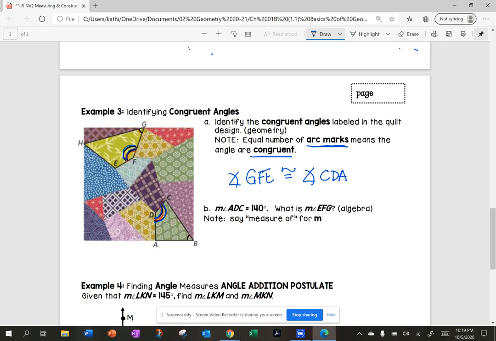If the measure of angle ADC is 140 degrees, what is the measure of EFG? When it has this little M here, I say measure of. So if these angles are congruent, that means the measure of angle EFG is 140 degrees also.